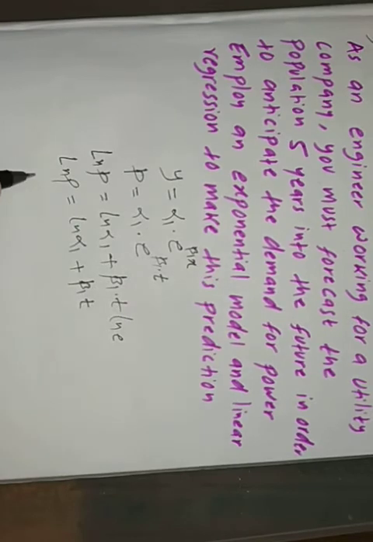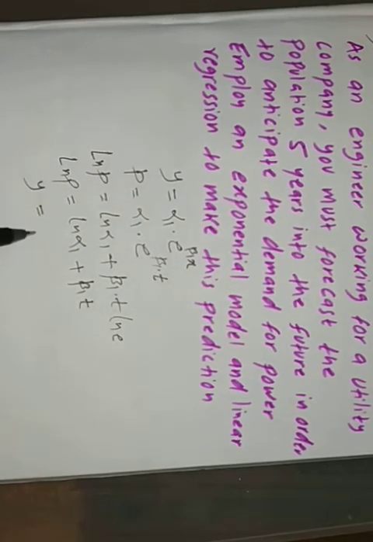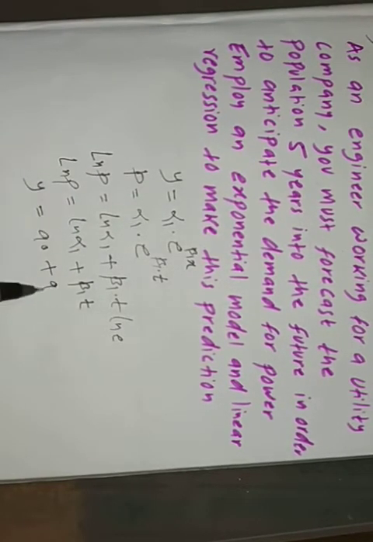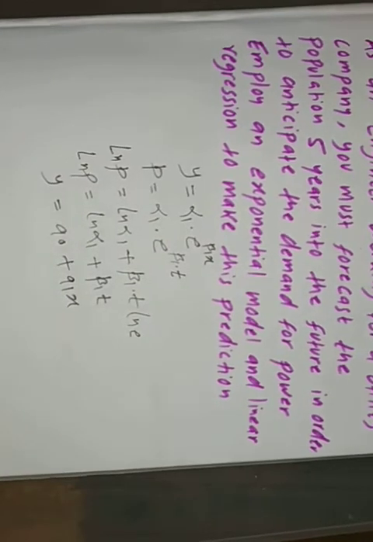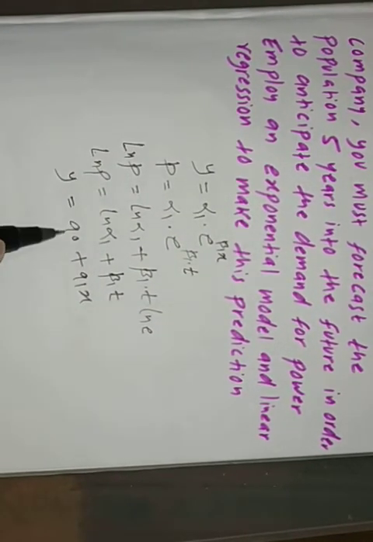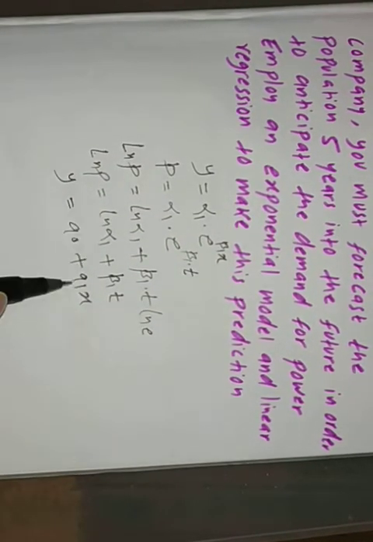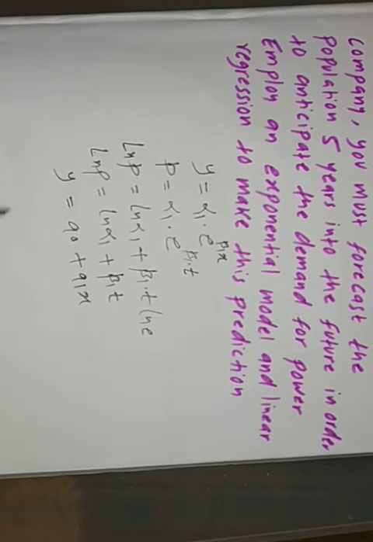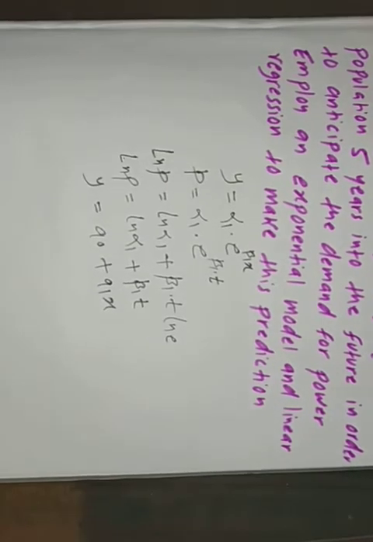If it is compared with our equation, y is equal to a0 plus a1x, so y is ln of P, a0 is ln of alpha 1, a1 is beta 1. So you can use the same procedure which we followed for the previous example and find out alpha 1 and beta 1.